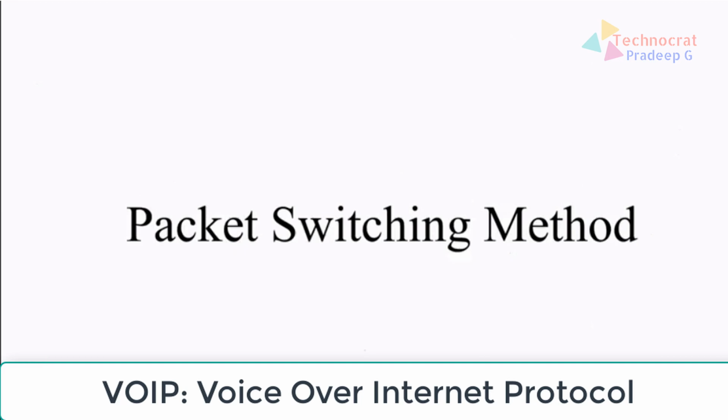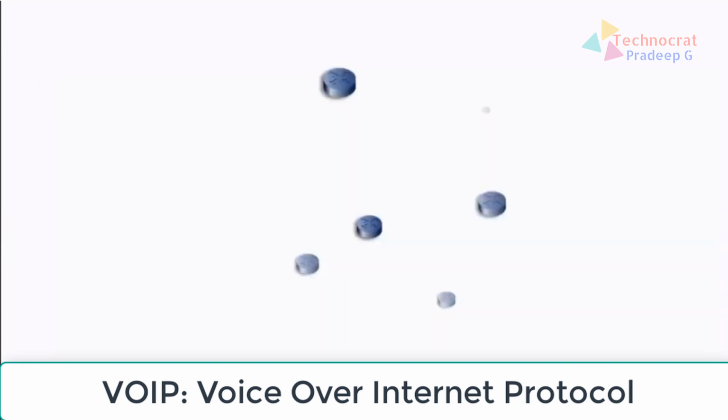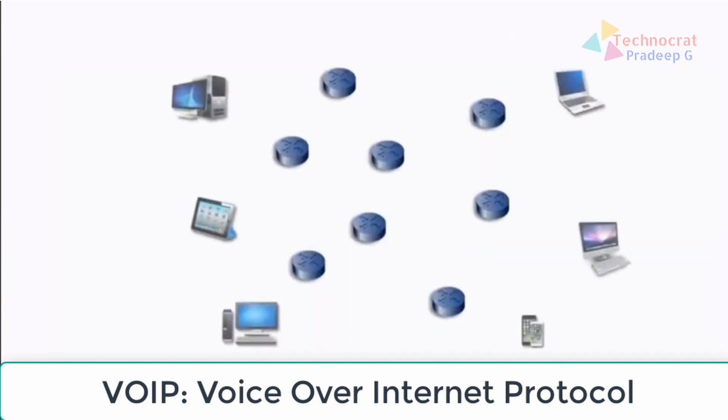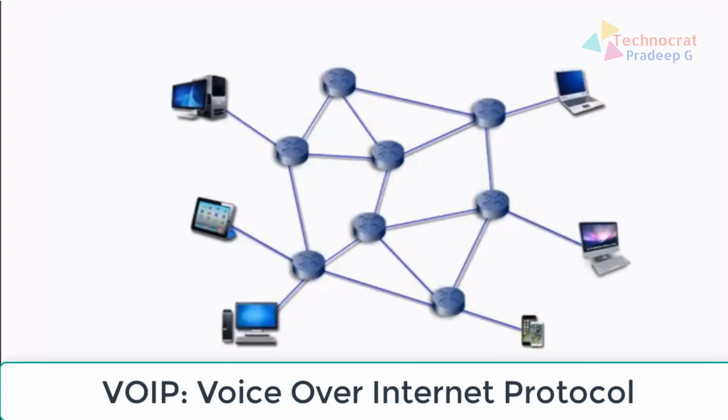Whereas whenever you are using VoIP technology, that is voice over internet protocol, the technology you are using here is called packet switching. Here the complete network, which is the internet, is connected through routers. Whenever person A wants to communicate with person B, a virtual circuit is not established.